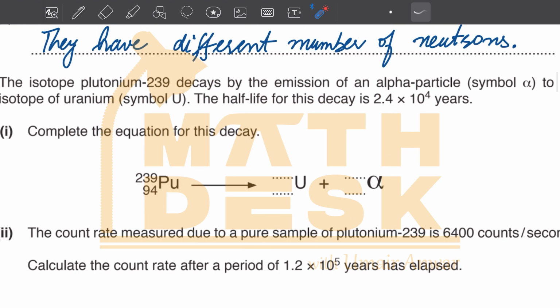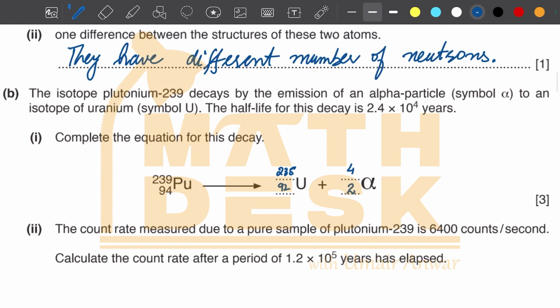So we start by writing the mass number of the alpha particle, which is 4, and the proton number, which is 2. Now we subtract this 4 from 239, we get 235, and then we subtract 2 from 94. So we get 92 as the proton number for uranium.